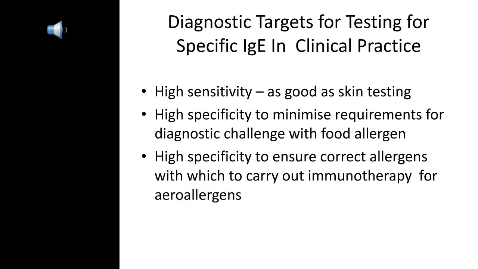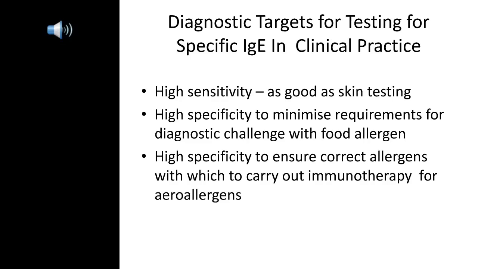And essentially, the requirements for good clinical practice, in my own mind, are firstly, the test has to be as good as skin testing. But secondly, it has to have high specificity, because what you need to do is you need to test, and you need to say, look, if that test is positive, then if I challenge that person with the allergen, then the person will react.